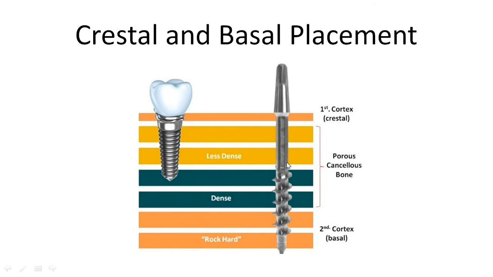I would like or prefer to see threads the whole way up, because as we'll talk about in further lectures, this kind of smooth surface does not actually hold on to bone or encourage osseointegration.